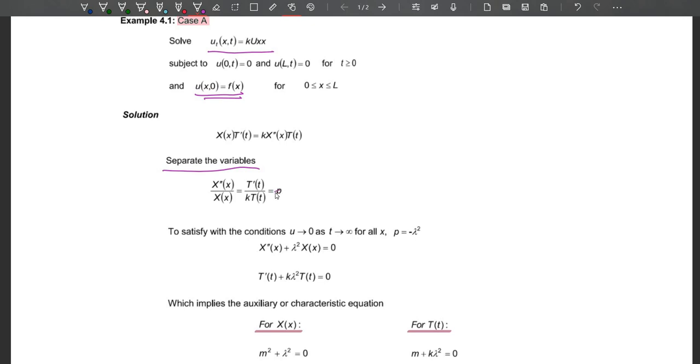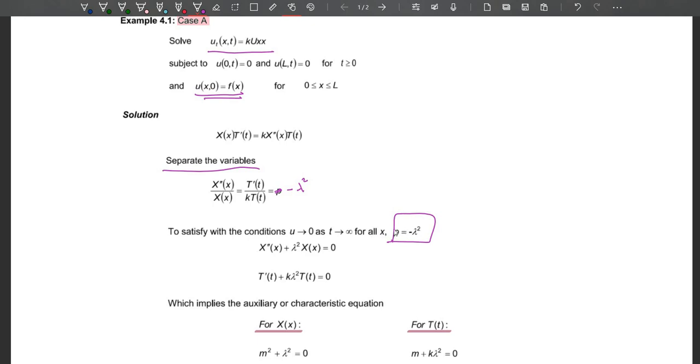For me, you can actually directly write it as negative lambda squared. As you can see here, to satisfy the condition that u approaches 0 as t approaches infinity for all x, we need to choose p equal to negative lambda squared.